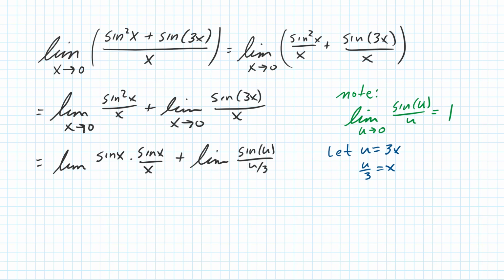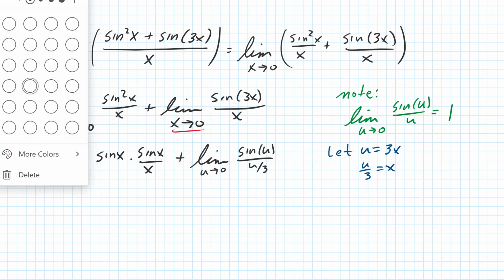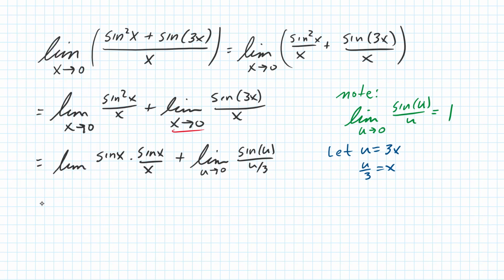But then we also have to change this limit here. So as x goes to 0, 3 times 0, u would go to 0 as well. Okay, so here u would be tending to 0. If we do a u substitution, we have to change the limit variable. So next we have the limit as x goes to 0.